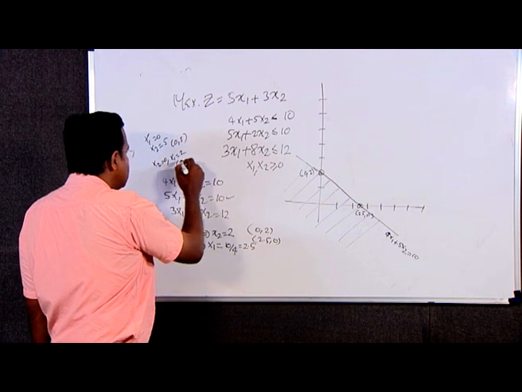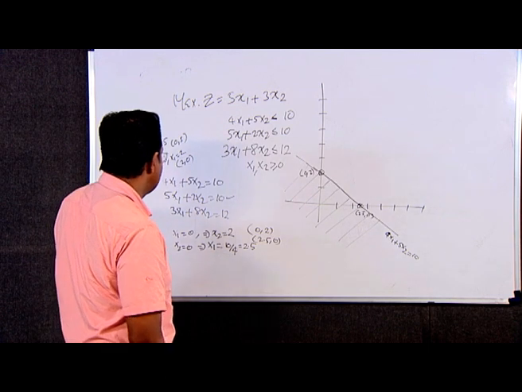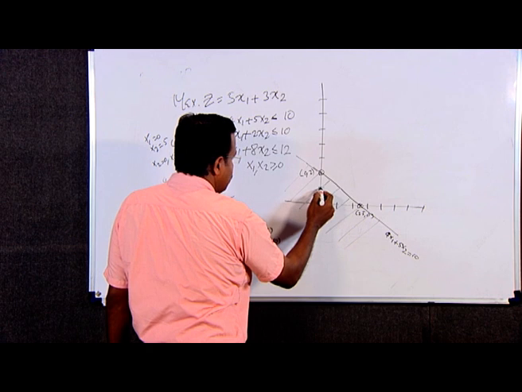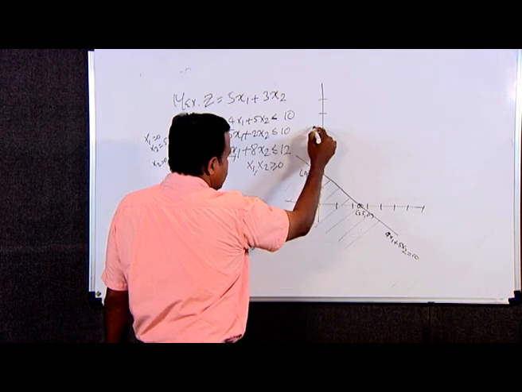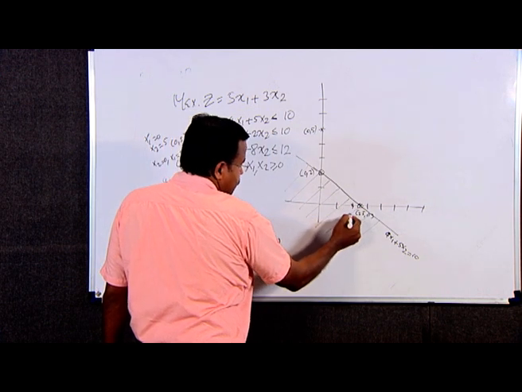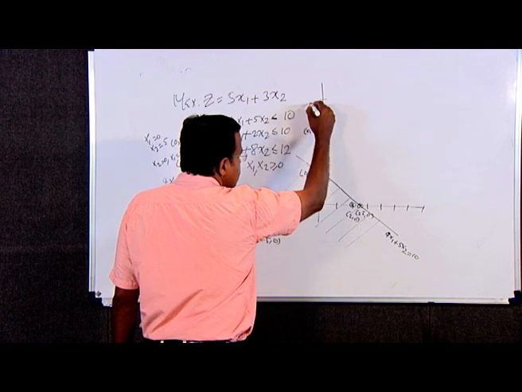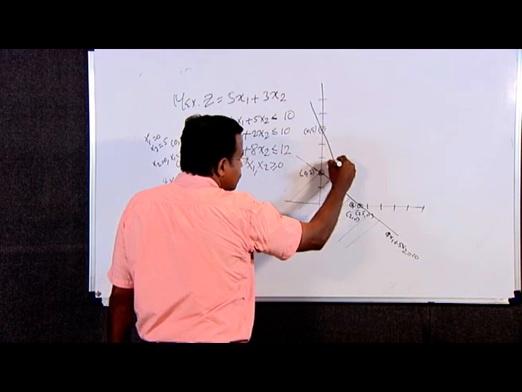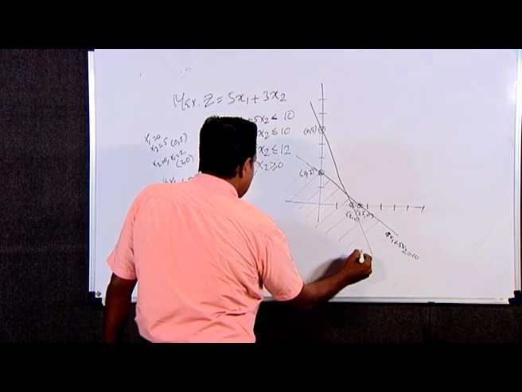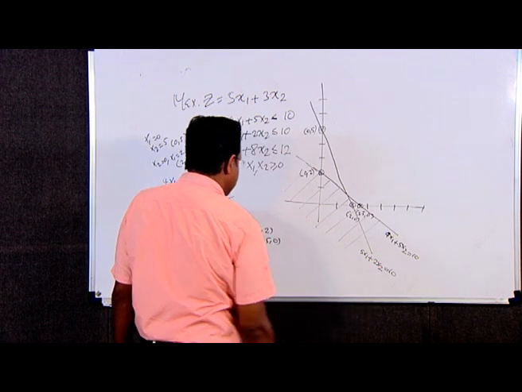So, the next point is (2, 0). Joining these 2 points, we are getting another straight line, that is 5x1 plus 2x2 equal to 10.